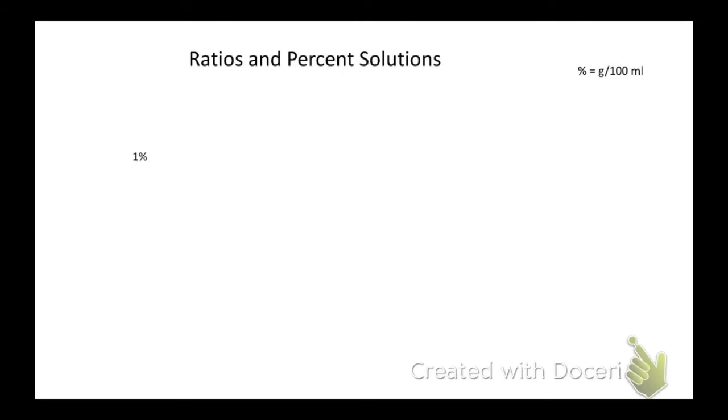The way I like to remember that, a very simplistic mnemonic device, is to say if you had a 1%, I rearrange that percent sign to 100, and I can remember that it means 1 over 100 because the line in the percent becomes 1 and the 2 zeros get written right there. So I have 100. And that way I can remember what a 1% means. It's 1 gram per 100 mLs.